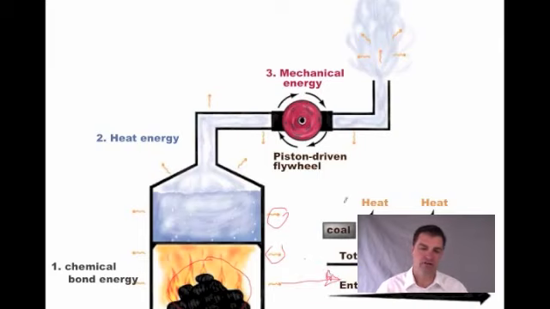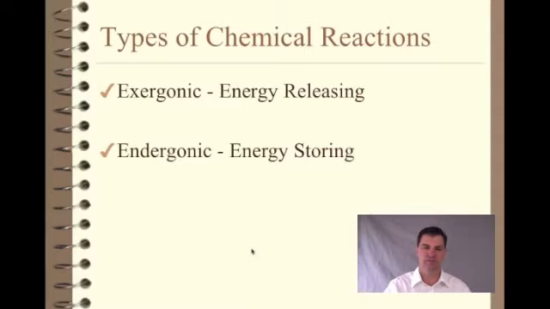But some of the energy in the coal is being used to boil this water. As you boil the water, it creates steam, and the steam pressure can then drive this piston wheel and make your locomotive move. Essentially the energy in that case is coming from the burning of coal.